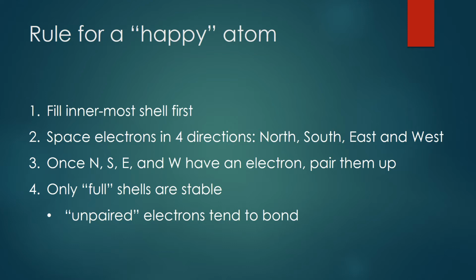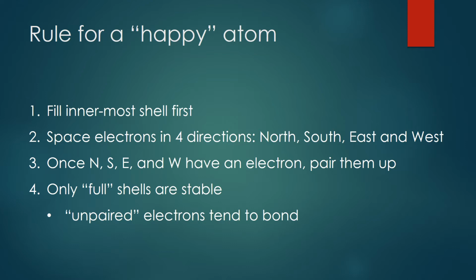The rules to make a stable atom are telling us where to place the electrons. So we're going to fill the innermost shells first and work our way out. First we would put 1, maybe 2 electrons in our innermost shell. If there are still more electrons, then we have to start placing them into the second shell and the third, and so on.